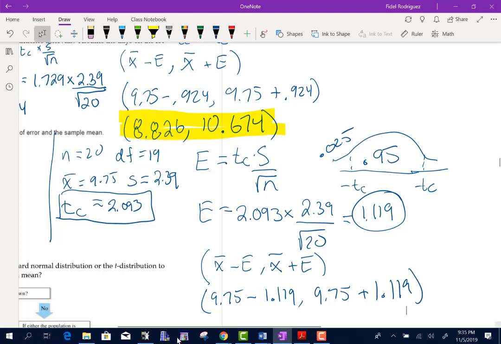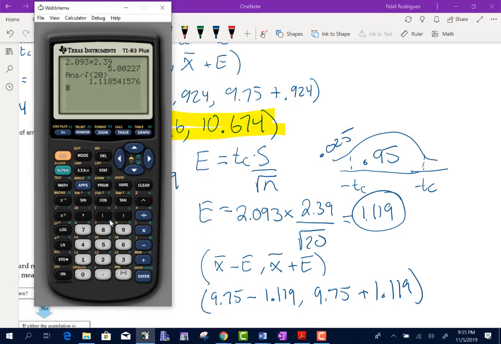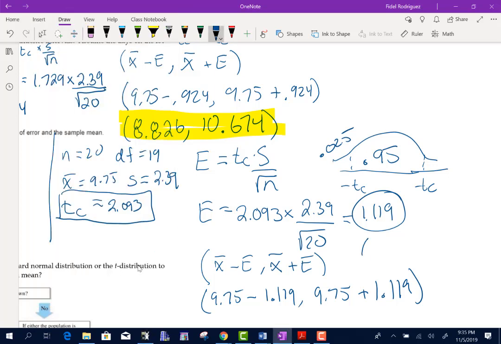So guys, if I take my calculator again, 9.75 minus, you said 1.119? And did you come up with 8.631? Good. So I'm going to write 8.631 right here. What was the other number? 10.869.